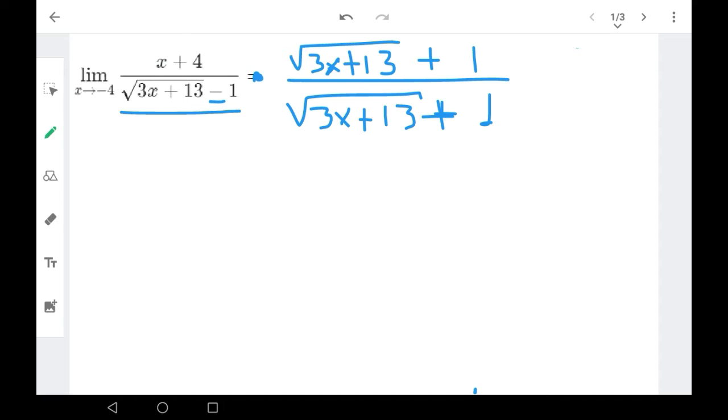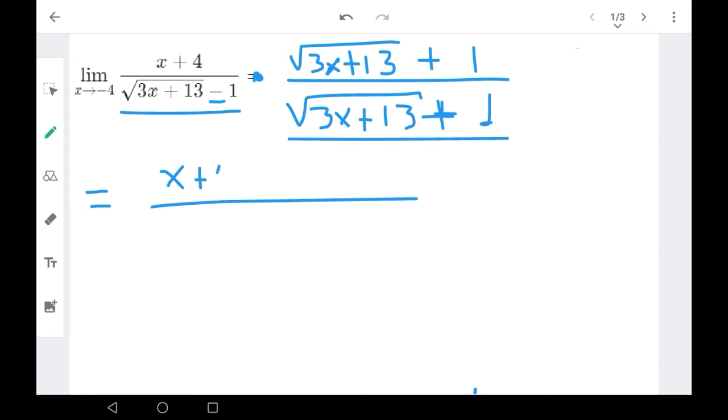Again, we have a difference of squares, but now the difference of squares is on the denominator. The numerator would be x plus 4 times the square root of 3x plus 13 plus 1, right? That is my numerator.